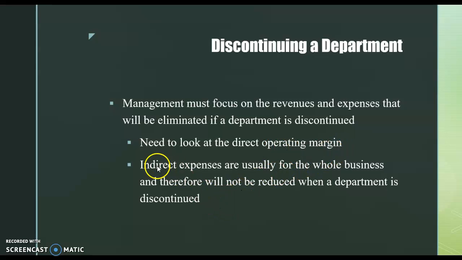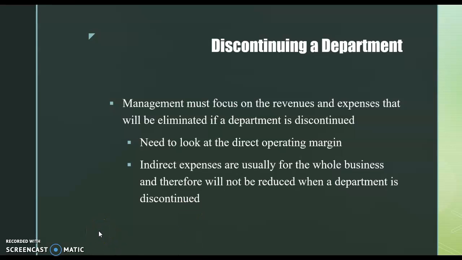Okay? When we take a look at the indirect expenses, they're for the whole business. They will not be reduced when the department is discontinued. So if we had to pay $10,000 for rent expense for the whole building, just because I get rid of Department D doesn't mean my rent's going down. I still have to pay that $10,000.